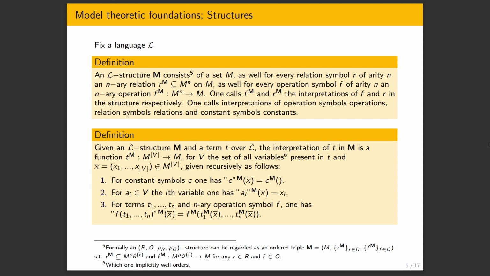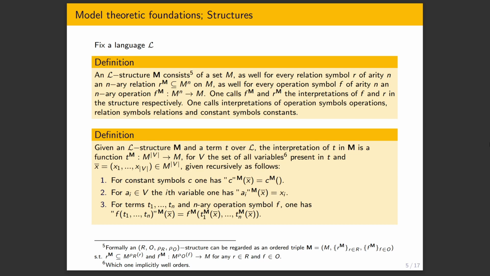And this is also defined recursively. If we have something to substitute in for the variables, say x', then for a constant symbol c, we define the interpretation of c evaluated at x to be just the constant, the unique element that the constant specifies. If the term is the ith variable, just a variable, because remember, terms could also just be variables.